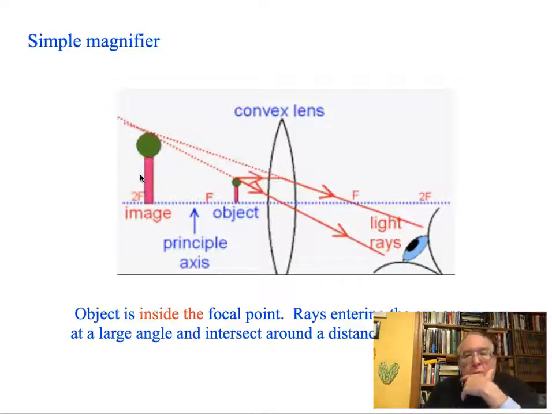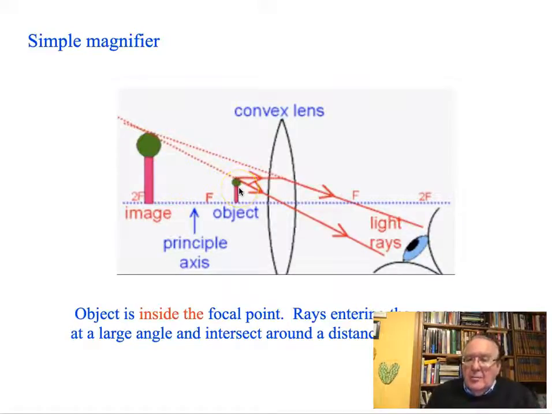There are 2 things that are important about this. One, the image is bigger than the object. Here it looks like about 3 times bigger. So the magnification of this lens is about 3 times larger. The second important thing is that it's upright. In other words, the green is on the top, the image is upright just like the object.